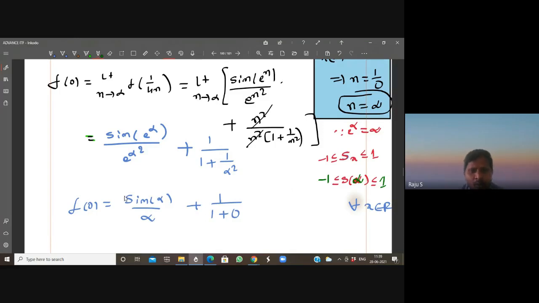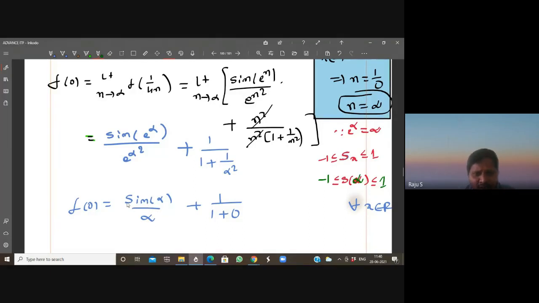Anyhow, we don't know the exact value of sin infinity. It may be 0, no problem, you can take 0. It may be 1 by root 2 or root 3 by 2 or 1 by 2 or 1, but it should not cross 1, more than 1, or be lesser than minus 1.